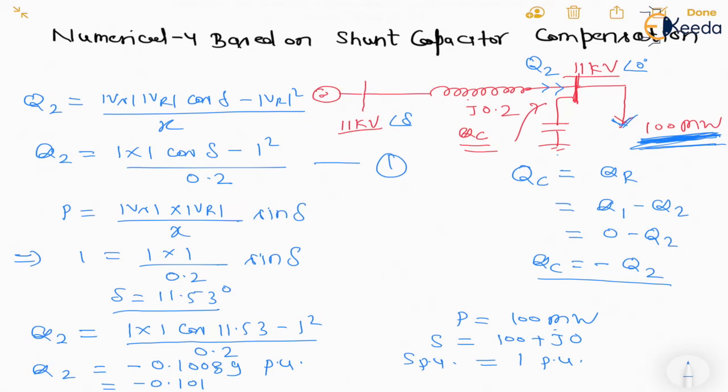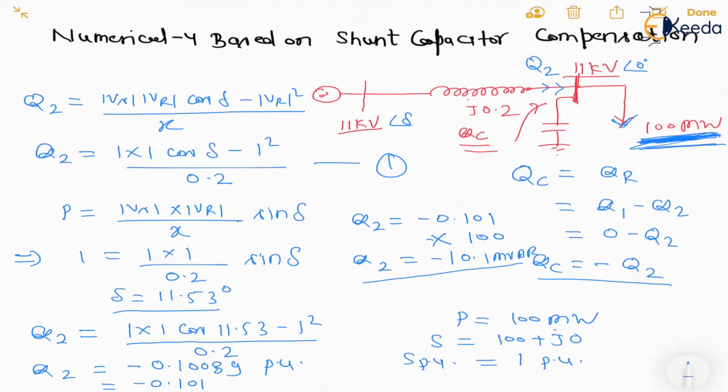This value is in per unit, and we want the answer in MVAR. So now the Q2 value will be equal to minus 0.101 into 100. So the Q2 value is coming out to be minus 10.1 MVAR. So this is the value of Q2.